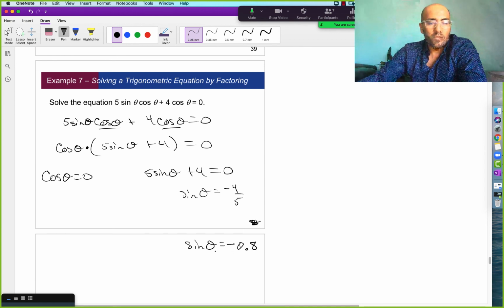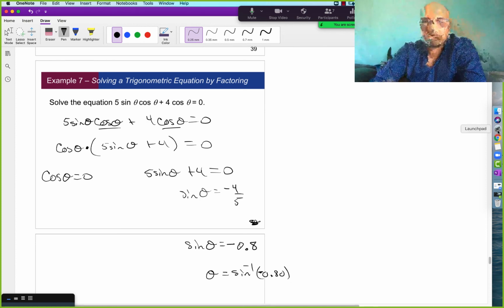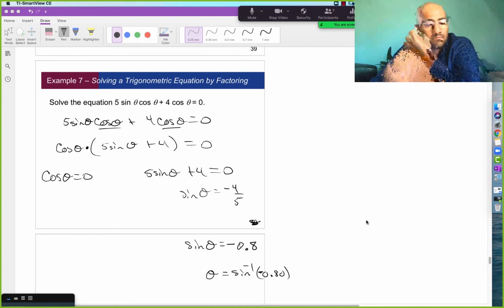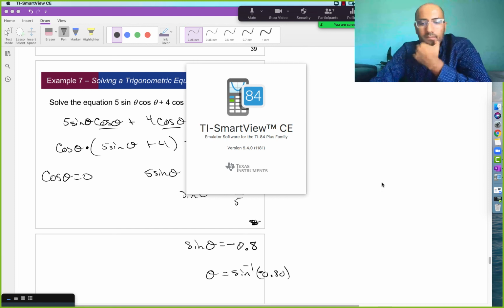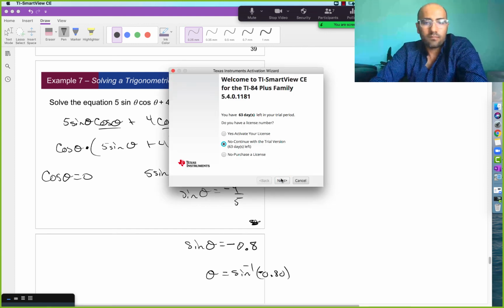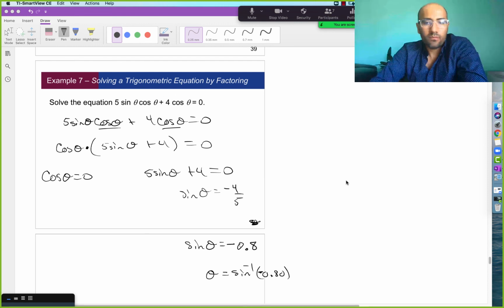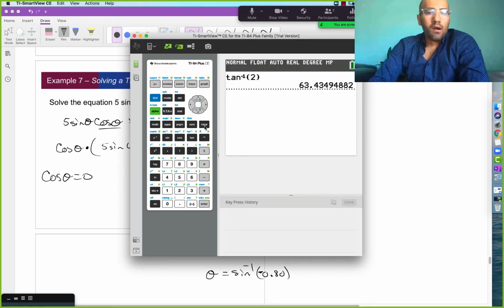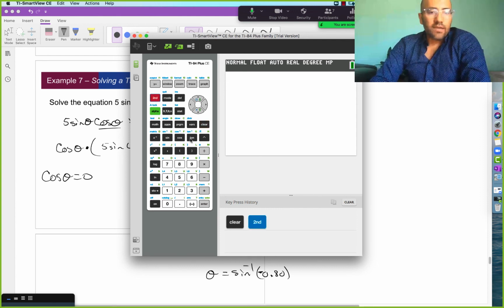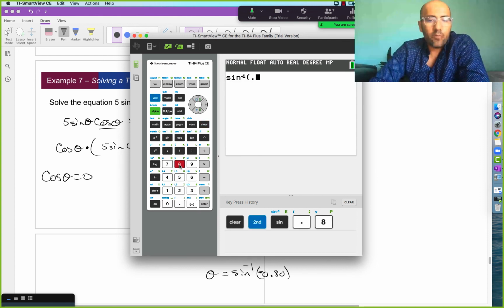We ran into this one before. This is not one of our standard values, so we're going to have to use our sine inverse function. Sine inverse of 0.8 is 53.13 degrees.